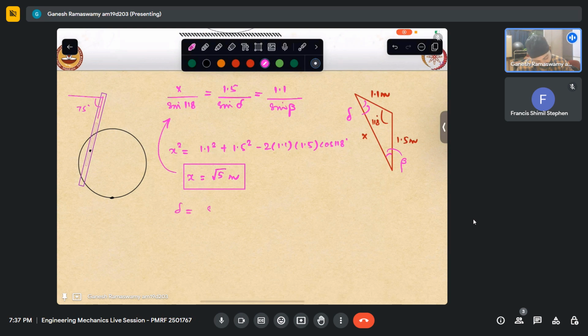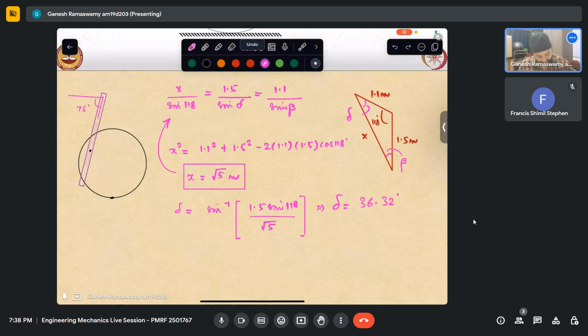So delta is nothing but sine inverse of 1.5 sine 118 by root 5. So delta comes out to be 36.32 degrees.